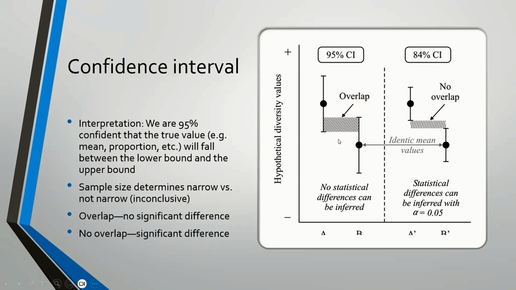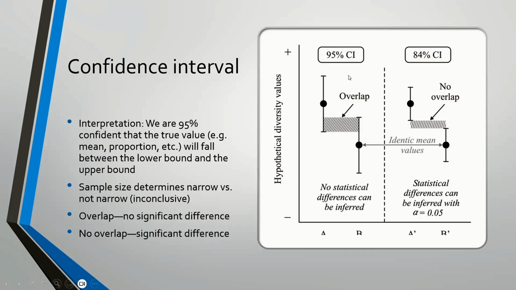Intuitively, if we looked at a larger number of cases, A and B would be closer together because we'd be closer to the actual mean. So again, the confidence interval tells us that if we were to look at all of the cases in this entire population, we are 95% confident that the true value of whatever we're looking at, the mean, median, mode, proportion, etc., would be between A and B.